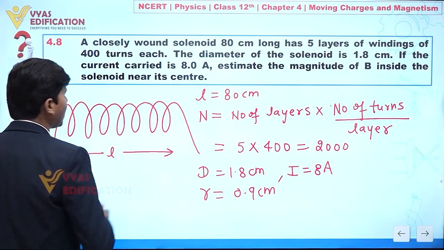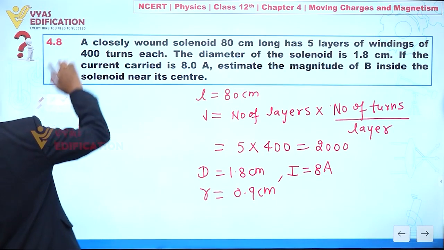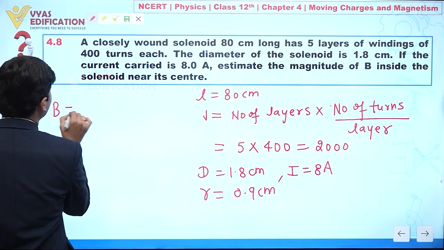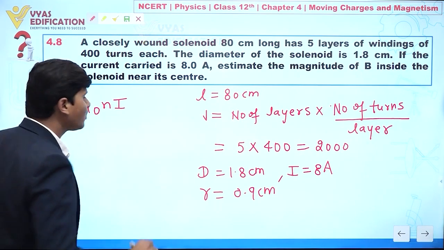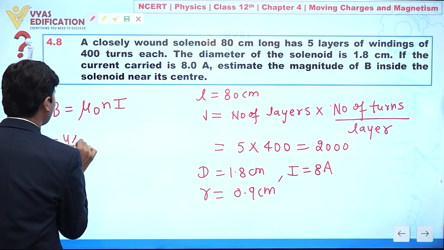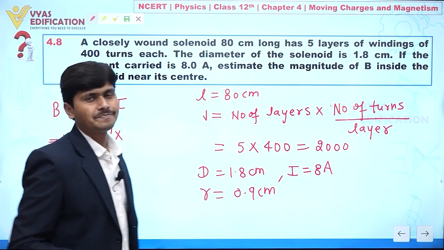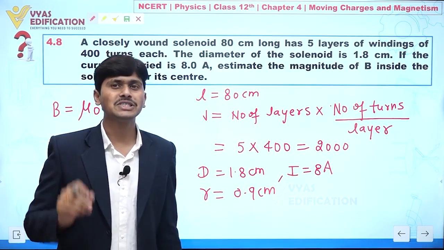We know our standard formula: the magnetic field produced inside a solenoid near its center is given by B equal to mu naught small n into I. We know the value of mu naught, 4 pi into 10 to the power minus 7, multiplied by small n. What is small n? Generally students make a mistake here.